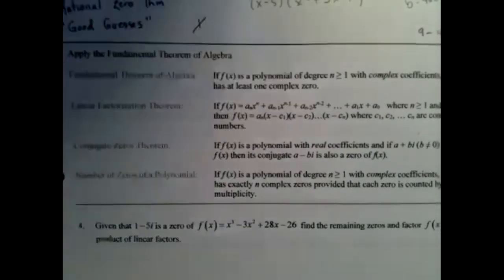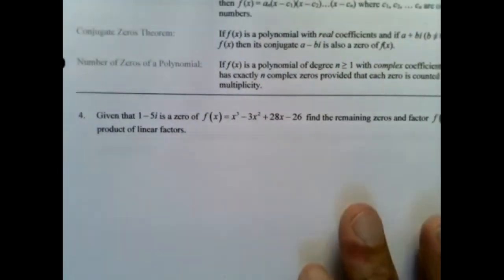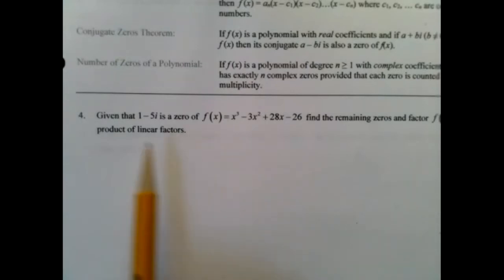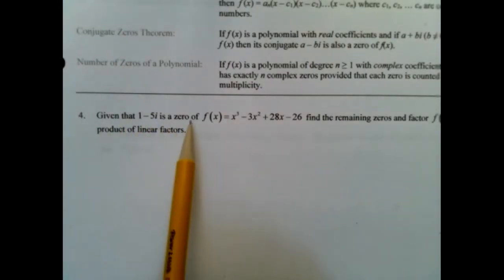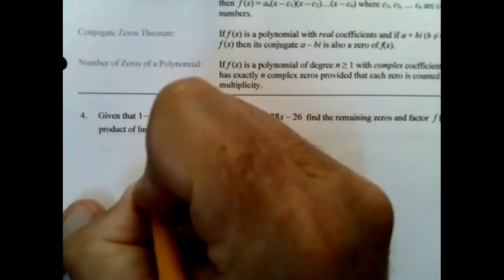I will. Let's move down here. If 1 minus 5i is a zero, it says find the remaining factors. Well, here's something.